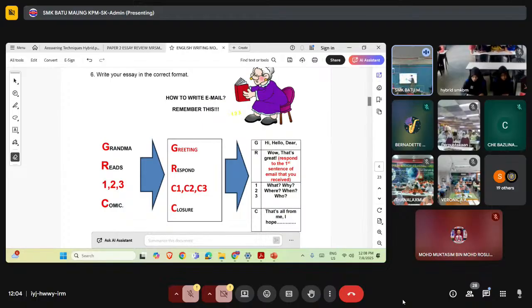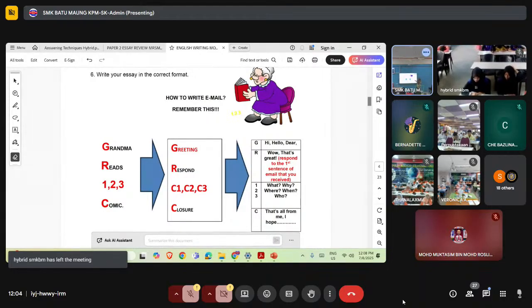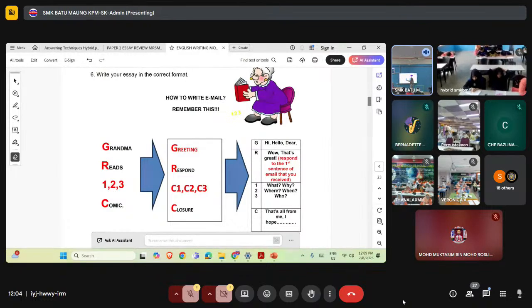Okay, and then we have respond. You write the respond referring to the first sentence of the email that you received. Okay, later we'll see. And then we have 1, 2, 3. 1, 2, 3 is referring to what? Content 1, 2, and 3.